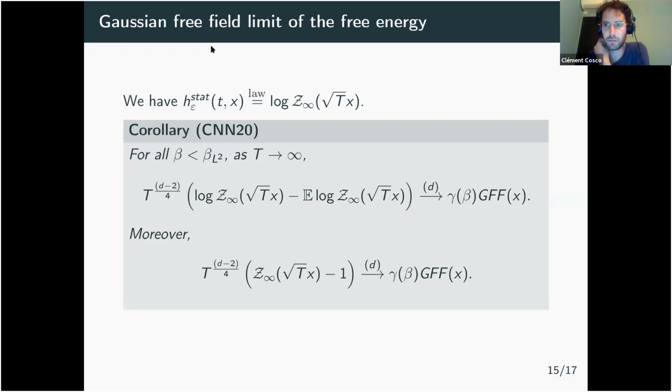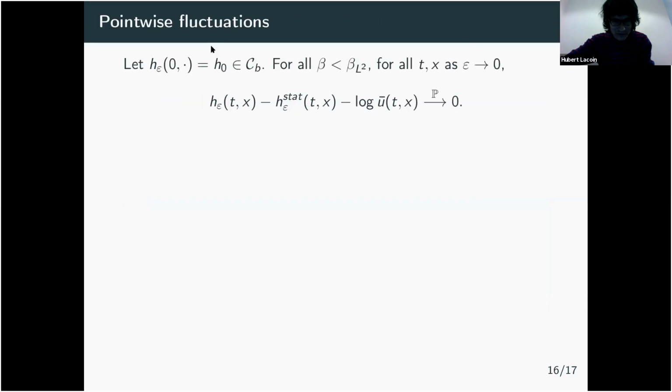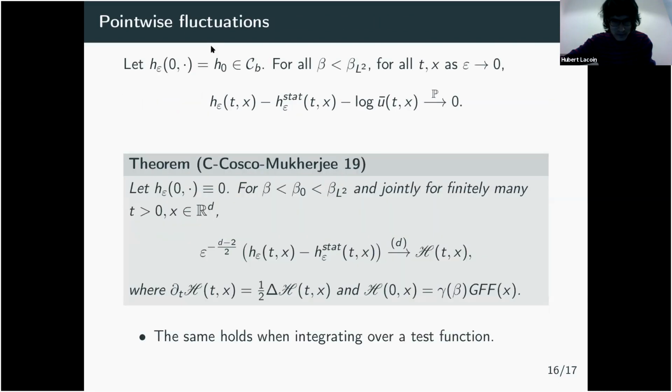Is this the one? Yes, I think this is the one. Okay. So you say that it's true when integrated, but also pointwise. But I thought that the free field itself was not defined pointwise, so I'm a bit puzzled here.